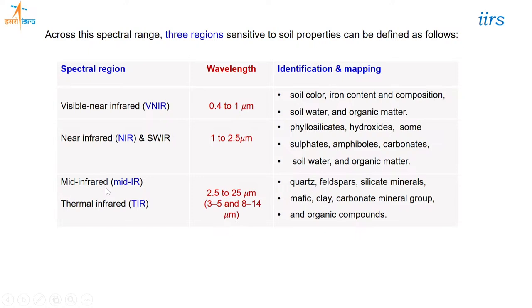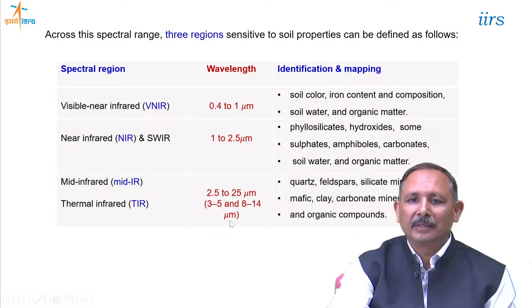Then the third spectral region is the mid-infrared region and thermal infrared region. Here this wavelength region is quite large, 2.5 to 25 micrometer, where the atmospheric windows are available at 3 to 5 and 8 to 14 micrometer.